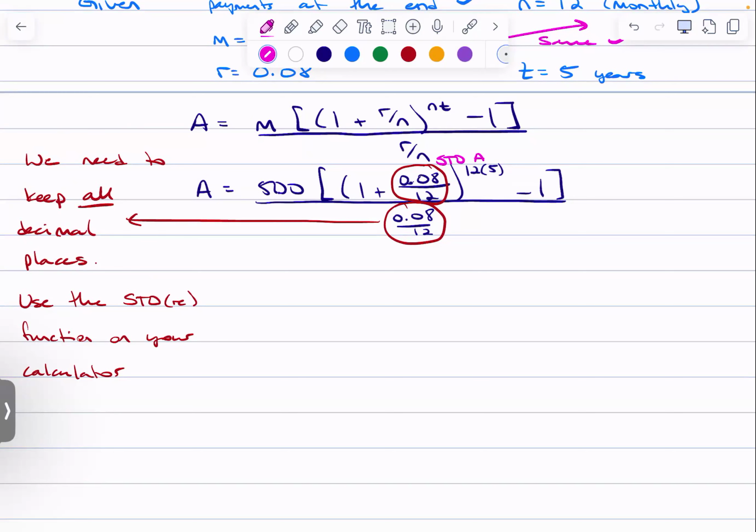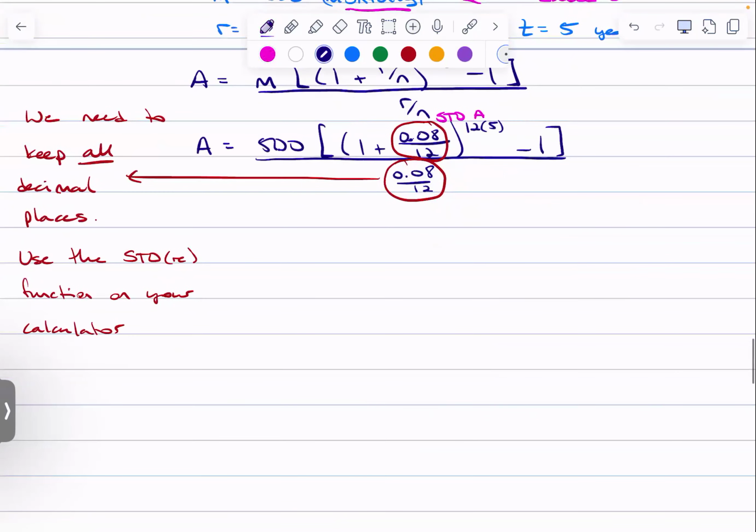And so let's see here. I'm going to rewrite this: 500 times 1 plus, and then you can write store in A, or depending on your calculator, you might store in 1, 2, 3, 4, right? And if you want my help figuring out the store button on your calculator, let me know.